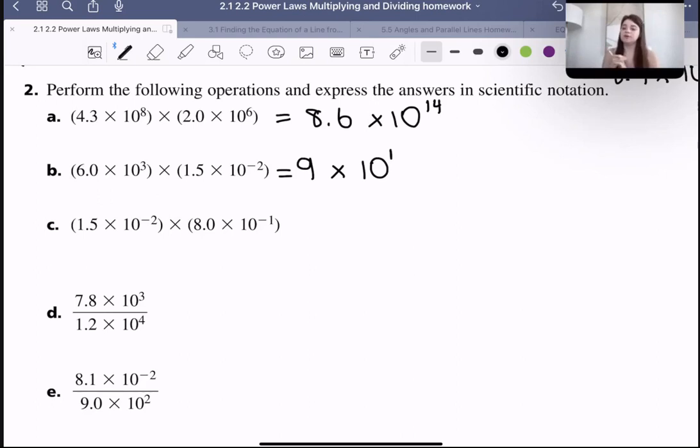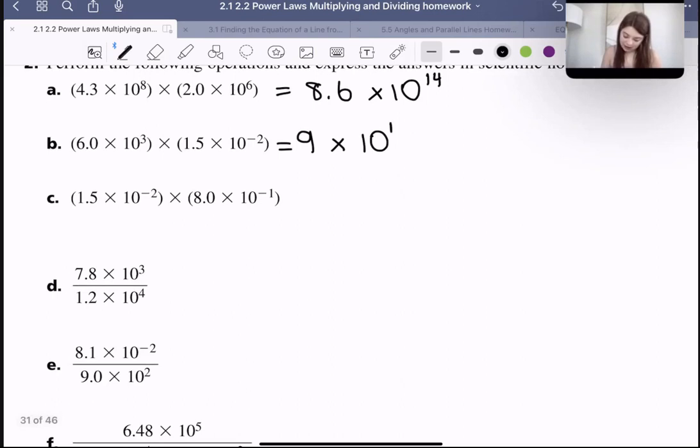So therefore, it would be 9 times 10 to the power of 1, which actually is just 90, right, if we think about it. But it did say to express the answer in scientific notation. So I will do so here because that's what was asked, even though 90 seems like actually a better way to express this one. All right, what about C? We have 1.5 times 8.